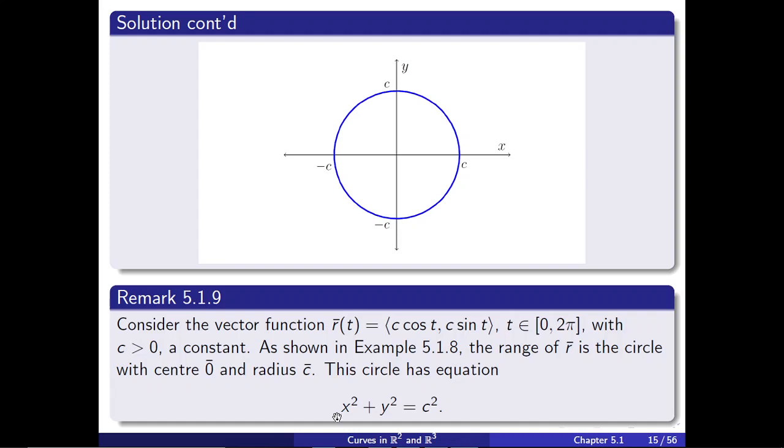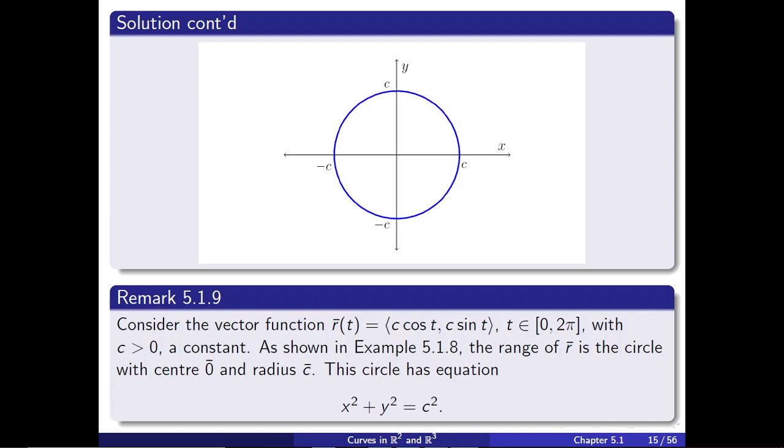Okay, so we continue with remark 5.1.9. Consider the function r of t, which is the vector function (c cos t, c sin t), where t is from 0 to 2 pi. In example 5.1.8, we showed that this is a circle.